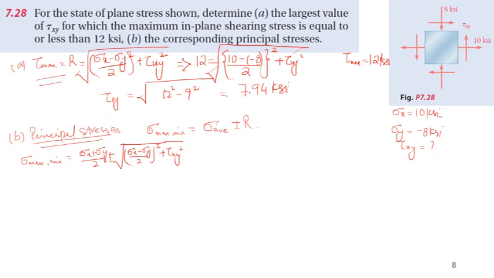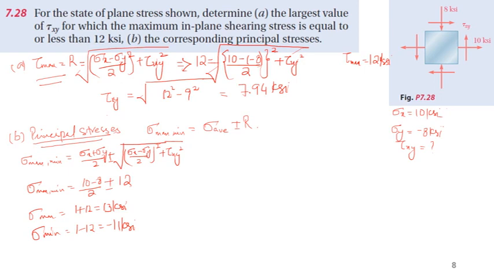So we can write sigma maximum and minimum is equal to 10 minus 8 divided by 2, plus minus the radius, which is 12. So sigma max is simply 1 plus 12, that is 13 ksi, and sigma minimum will be 1 minus 12, that will be minus 11 ksi. Now, average stress is 1 ksi.